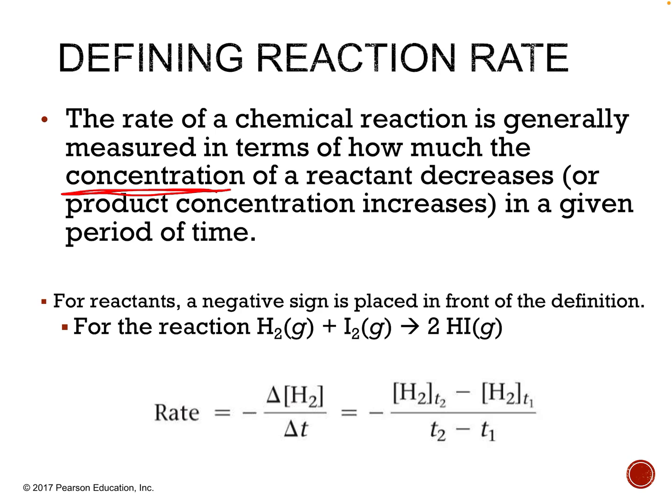When we're looking at the reaction rates, typically we will put a negative sign out in front of the reactants. And this is because the reactants are going to decrease in concentration over time, whereas the products will increase in concentration over time, right? We're going to use up our reactants to make our products. So our reactants will get a negative sign on their rate, and our products will get a positive sign.